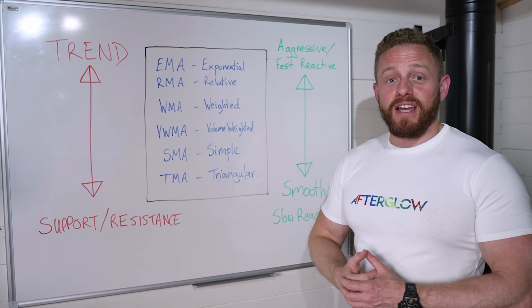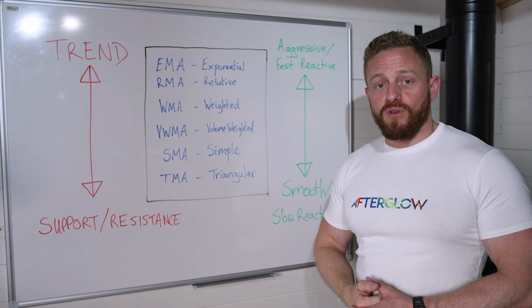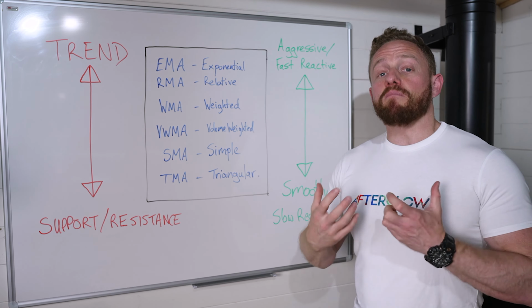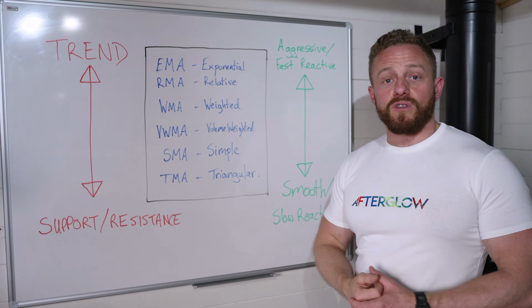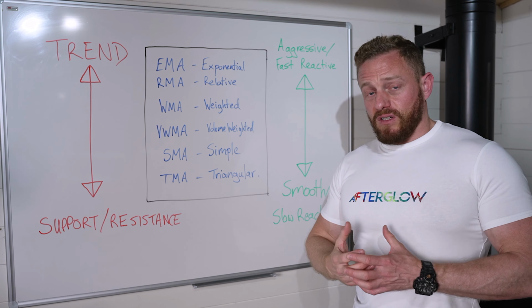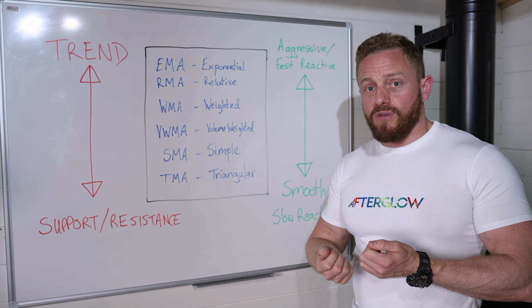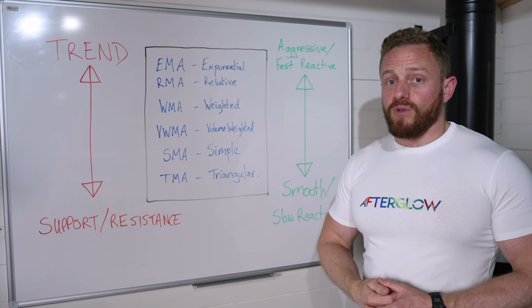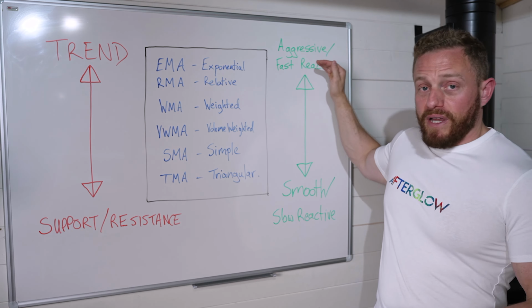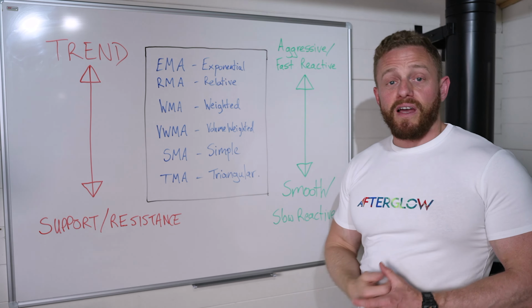So now you understand the two most common SMA and EMA moving averages, it becomes much easier to get your head around how all these other choices work. And essentially, they just use slightly different calculation methods on those weighting factors to make the moving average either more reactive or more smooth on this sliding scale.